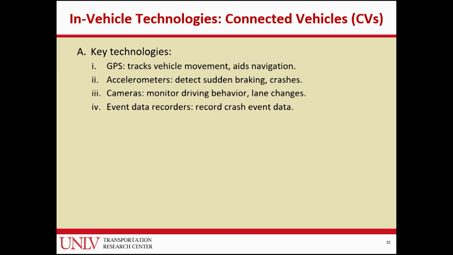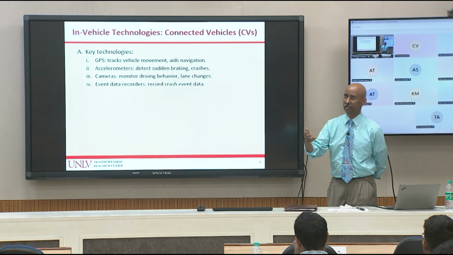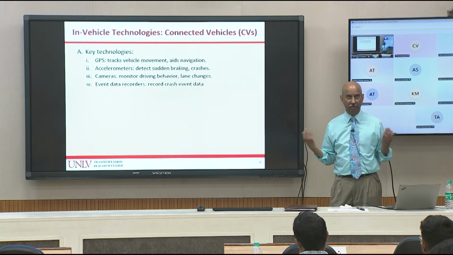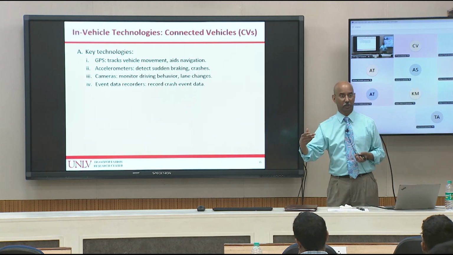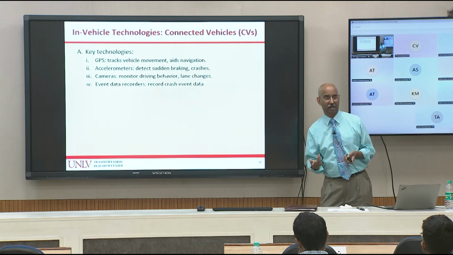There are cameras, and I believe in India many people have their own cameras that they mount either on their helmets or in the car, just in case somebody accuses them of being involved in a crash, saying you are responsible, to show documentary evidence. So that's aftermarket, but there are vehicles that have these camera systems built in for safety and security, and they also continuously record, and you could use that if necessary to reconstruct crashes.